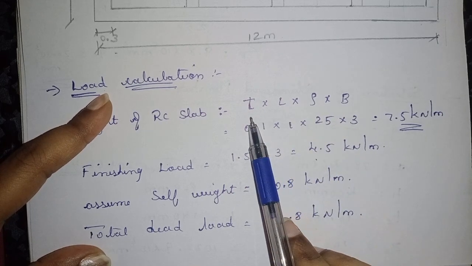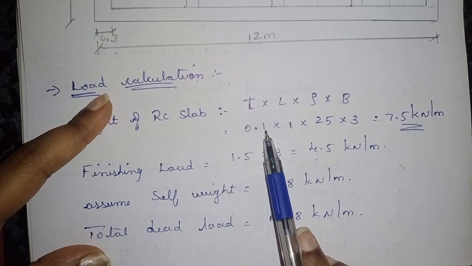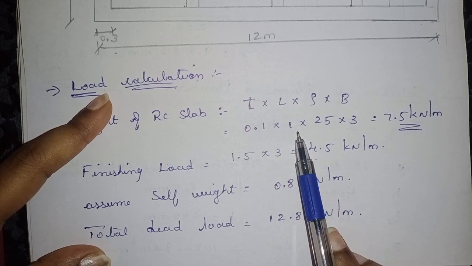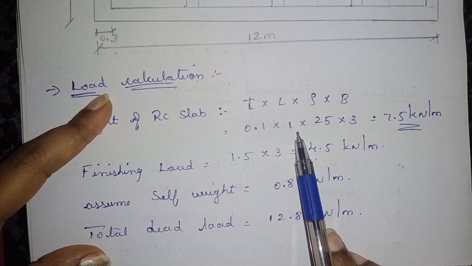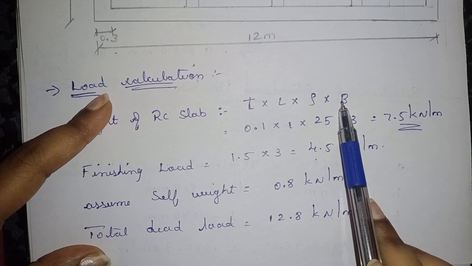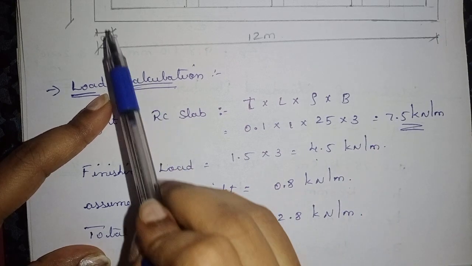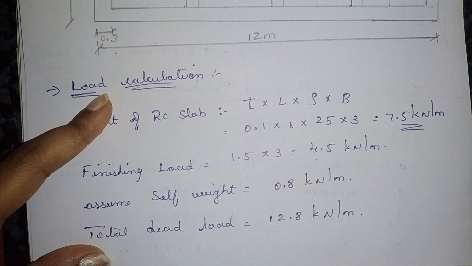The slab is 100 thick, so in meters it will be 0.1. Length is always 1 meter per meter calculation. Rho, the density of concrete, is 25, and B is 3 meters, the interval. So you will get 7.5 kilonewton per meter.